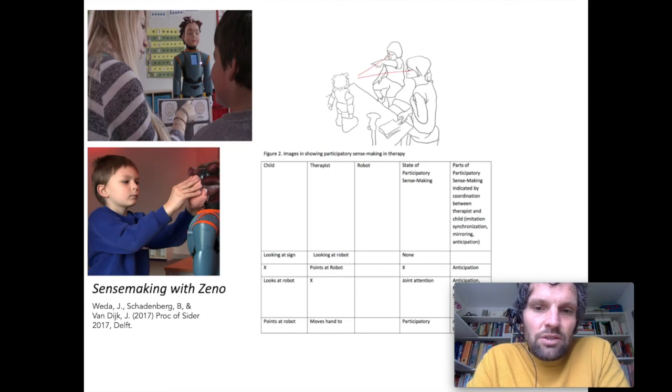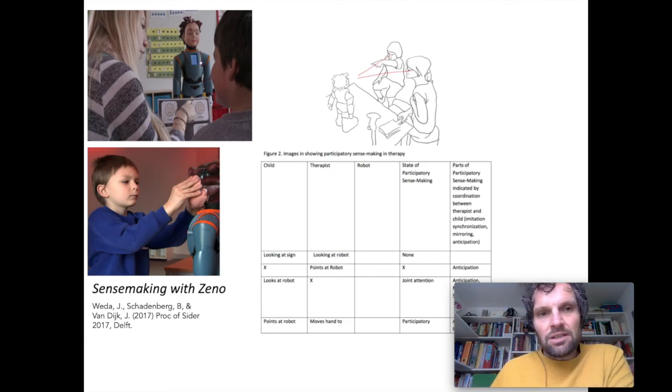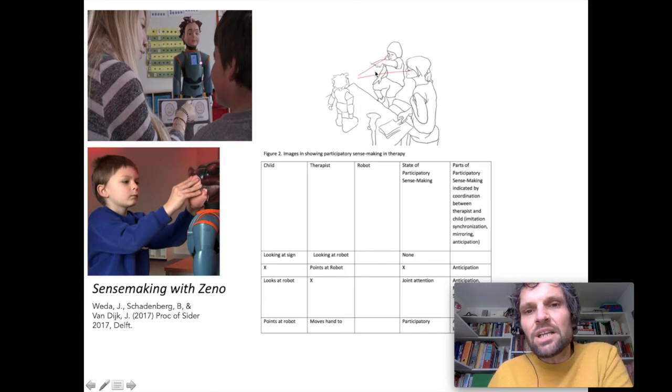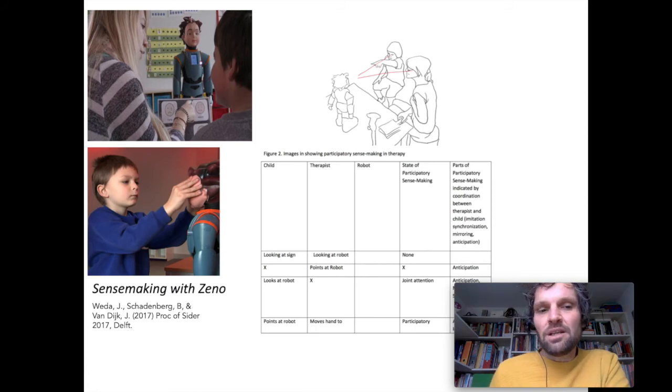What we also saw in this study is that in experiments with a child and a therapist and Zeno, the child actually wanted to do very different things with the robot. It wanted to pick up the robot, touch it, hold it, and so on. So it had a sort of natural way of trying to make sense of the robot, right? But the child was not allowed to do that because the focus was just on looking from a distance at the face and interpreting the face as a kind of symbol of being happy, being sad, and so on, right?